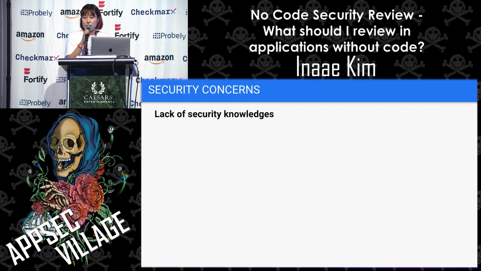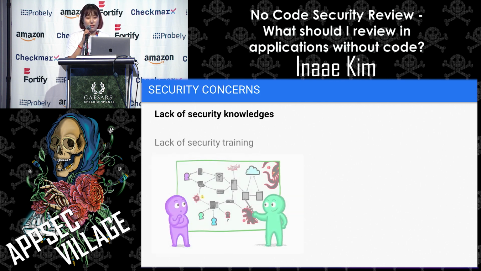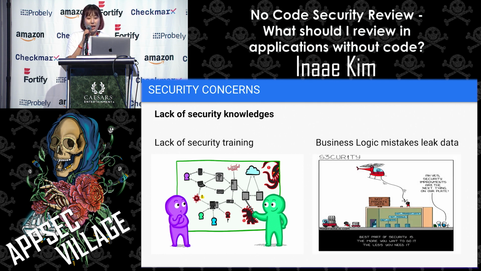The other main security concern is the lack of security training among citizen developers. Not every business user understands application security like you guys, and failure of security training and awareness would lead to data leaks. Data breaches become possible when the user misconfigures proper security controls and also does not have a security mindset.